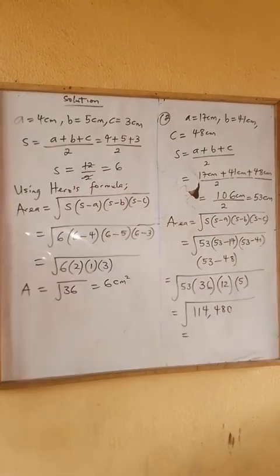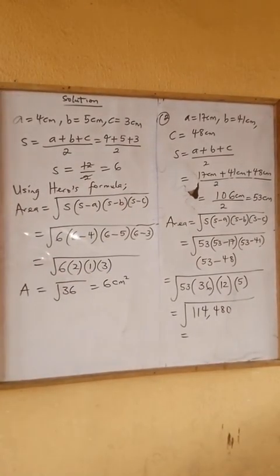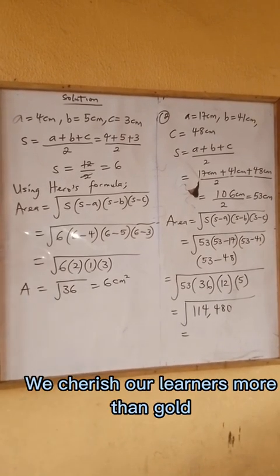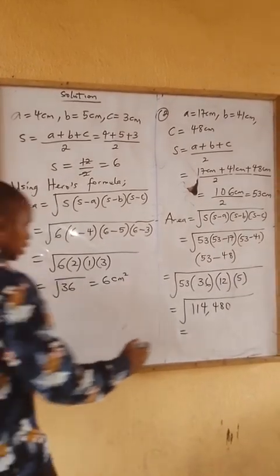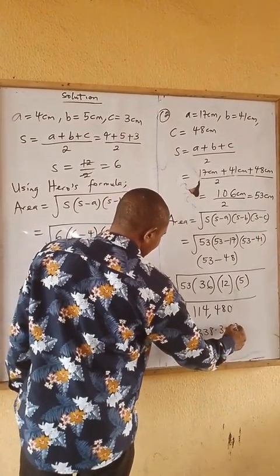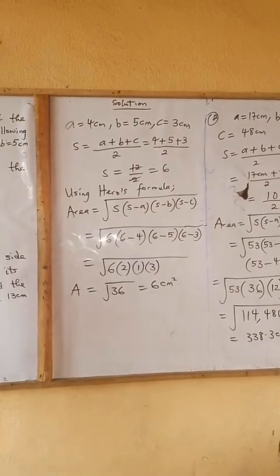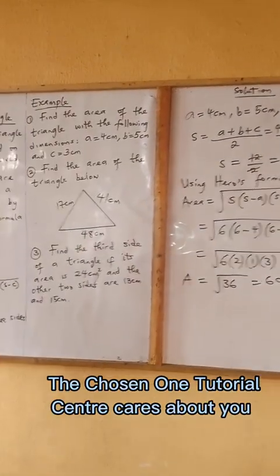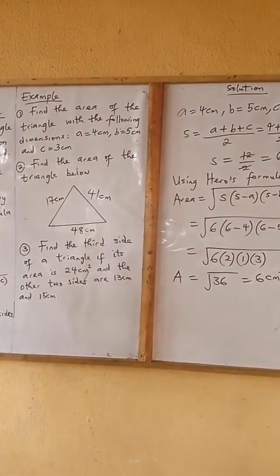Then we are going to find the square root of 114,480, and the answer there will be 338.3 centimeter squared. So we are going to solve the third question.